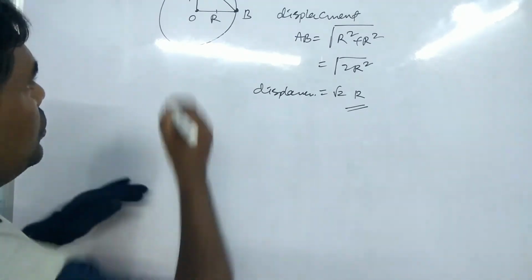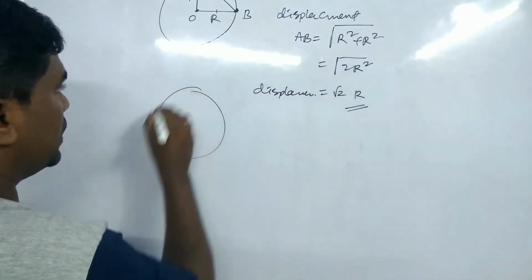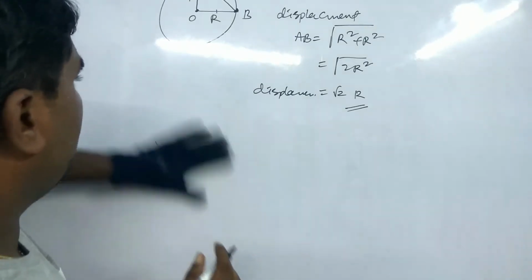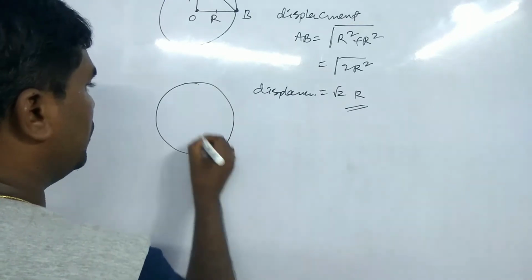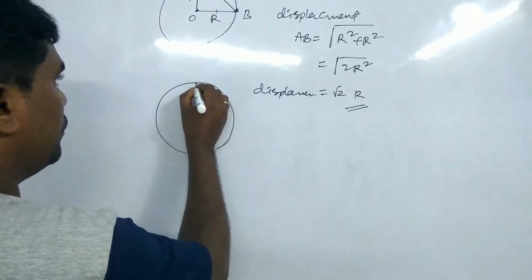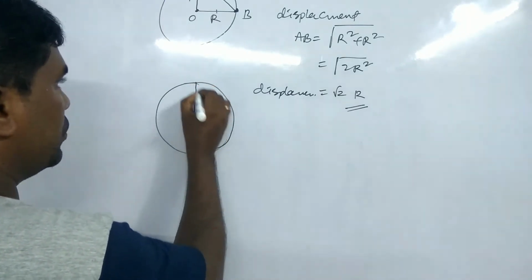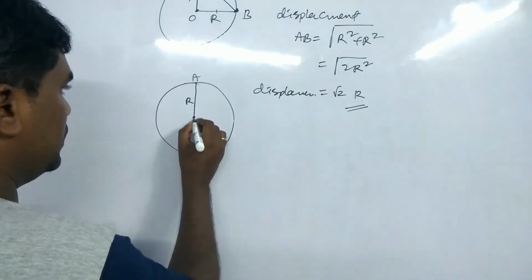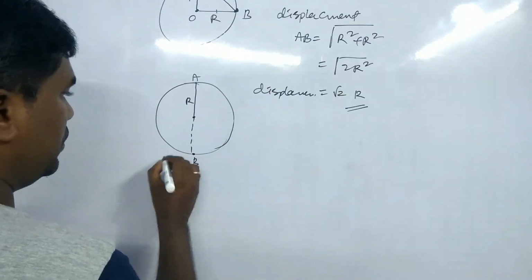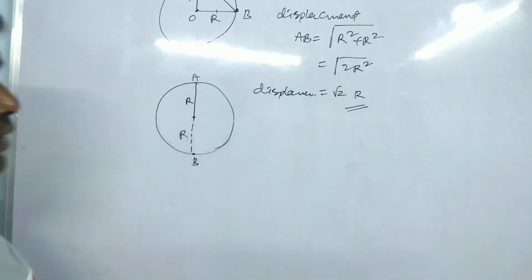Now, if a particle moves along a circle of radius r from A to B on the opposite side, this is also radius r.